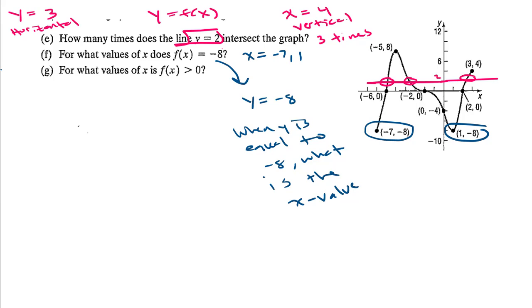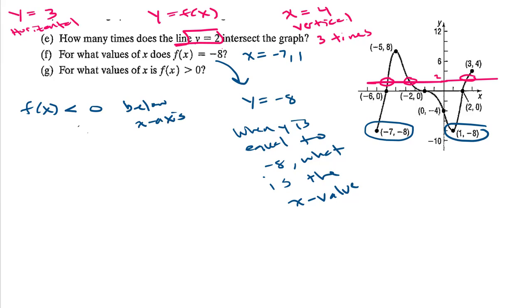Okay, and the last part here is asking for what values of x is f of x greater than 0. So just kind of recap here. So remember, when f of x is less than 0 or less than or equal to 0, that means we're looking at below the x-axis. Or I described it as somebody in the pool.